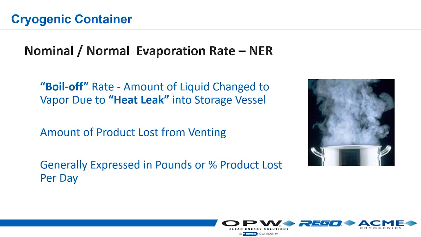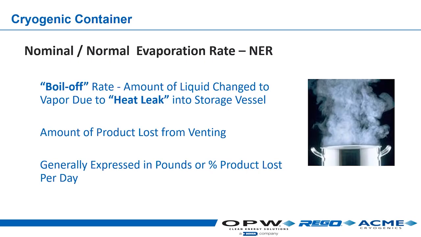And then the last thing on this is on the container itself. If you know you've made a good container, if the nominal or normal evaporation rate, which is also called an NER, that is basically a rate at which the liquid turns from a liquid into a gas.